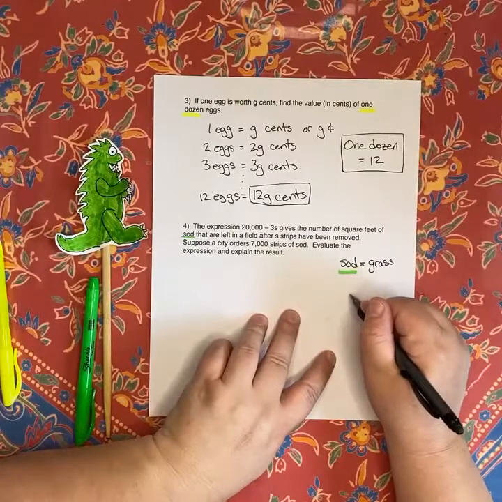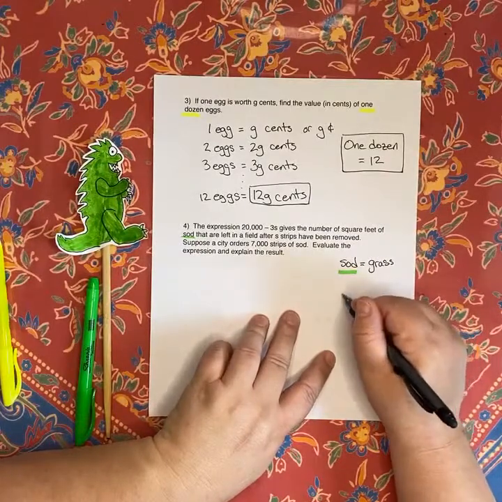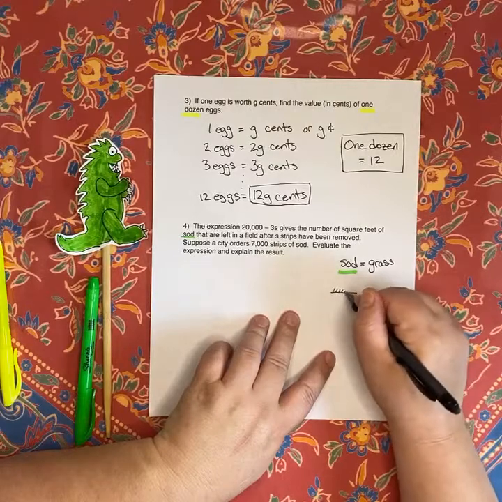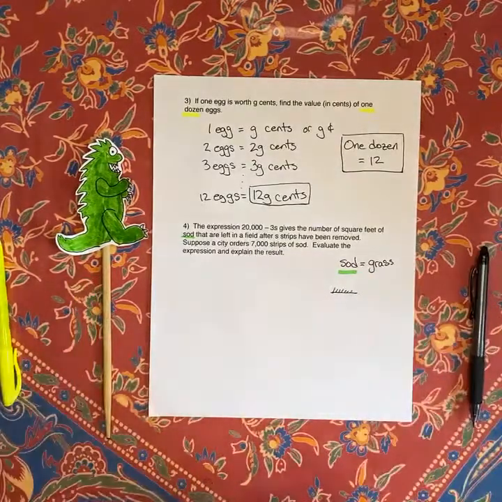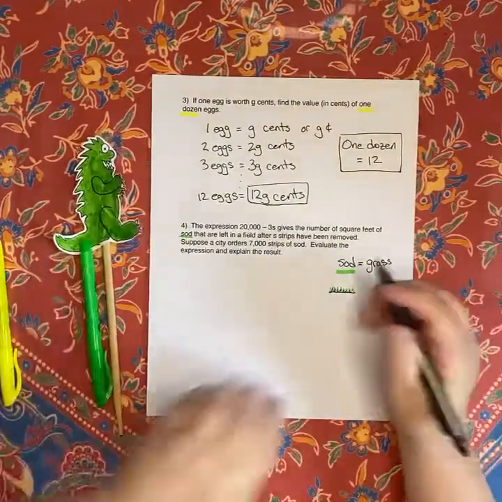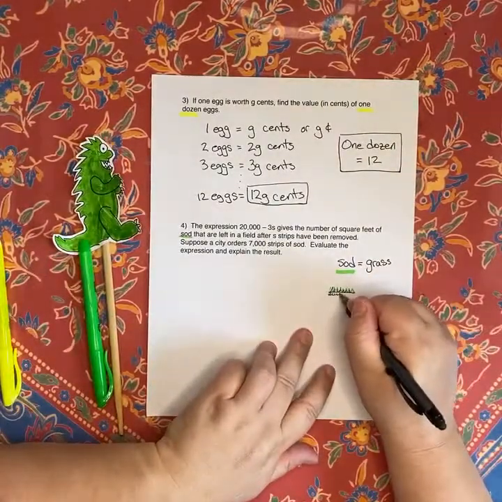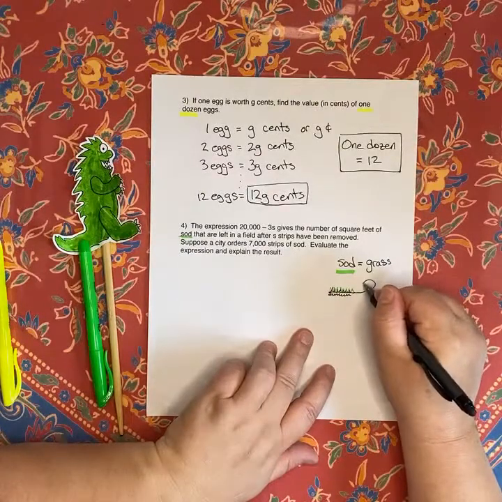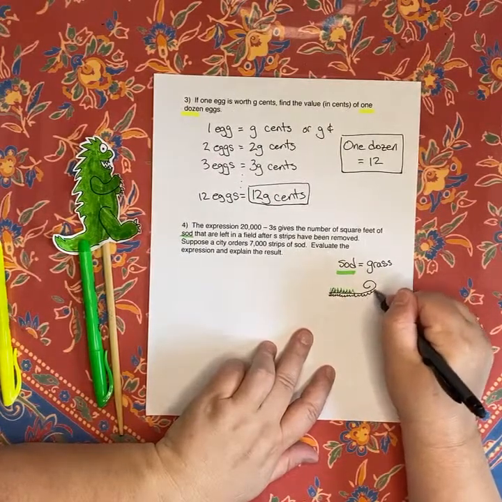And then there's this very cool machine that comes in and they take the grass and a little bit of the dirt underneath, and then let's see if I can do a decent picture.